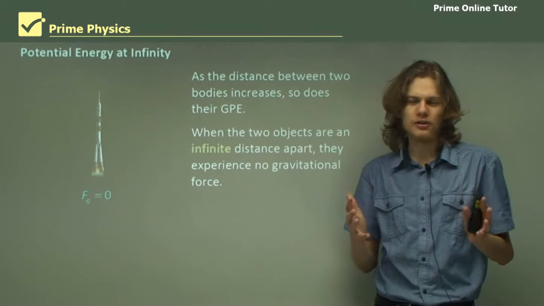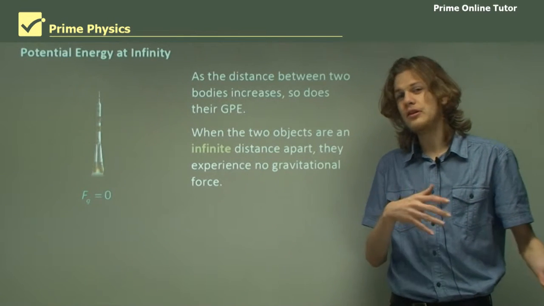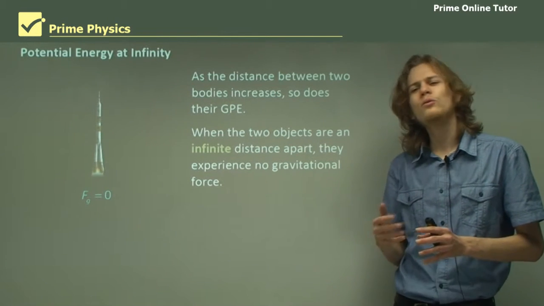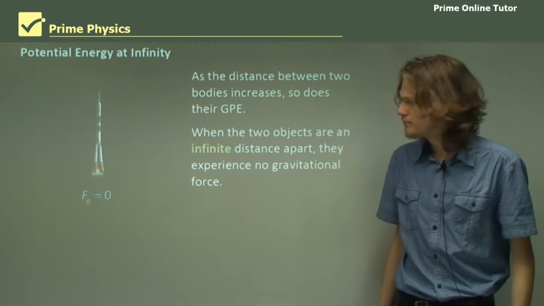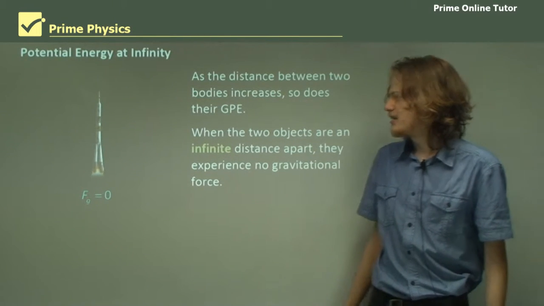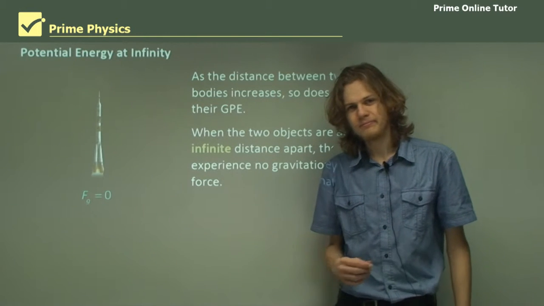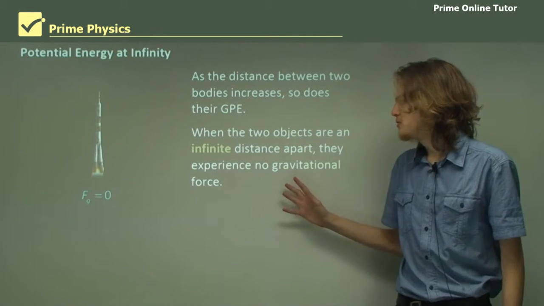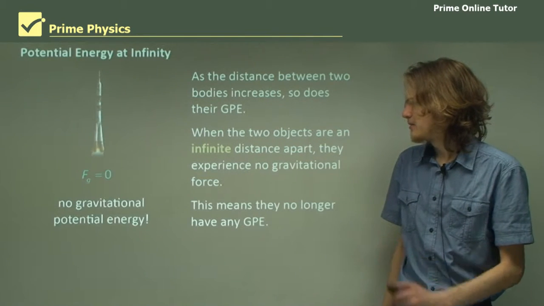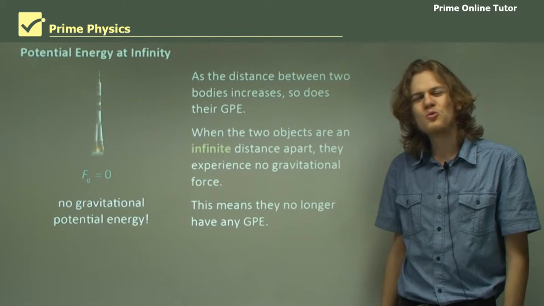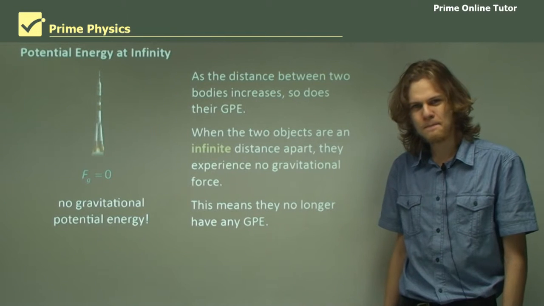For our equation of gravitational force, imagine what would happen if the distance, r, equaled infinity. The force would be zero, right? So that means that at an infinite distance, we in fact have no gravitational force, and this means that we have no gravitational potential energy.